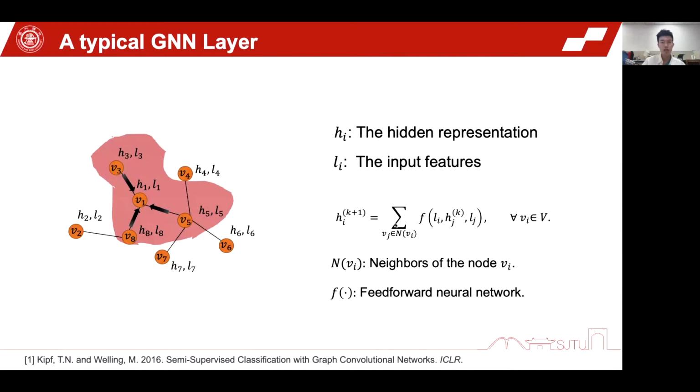And we use some aggregation functions or neural network modules to update V1's embedding layer by layer, step by step. For example, we can aggregate the one hop neighbors to update V1, and then use the two hop neighbors to update V1. We can use three hop neighbors or the entire graph to update V1.